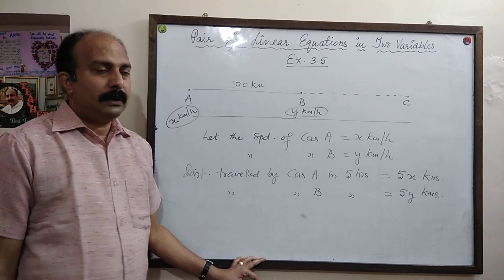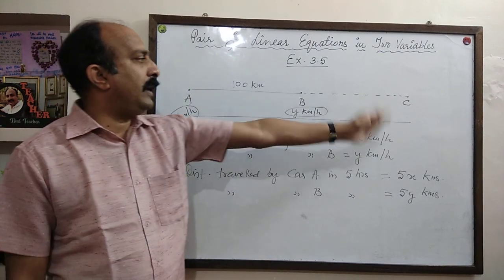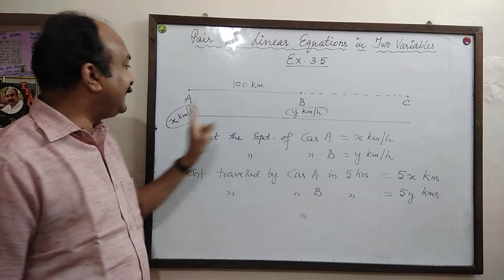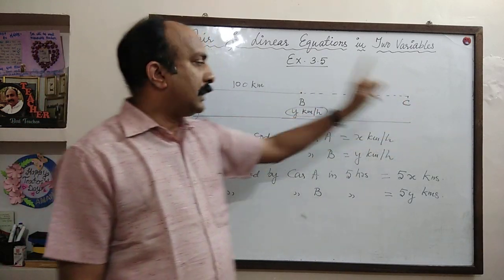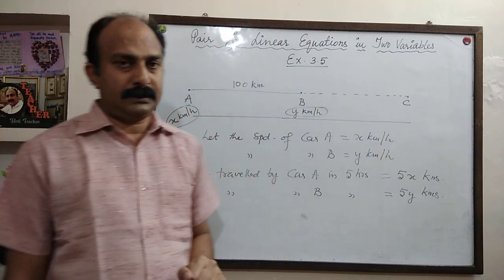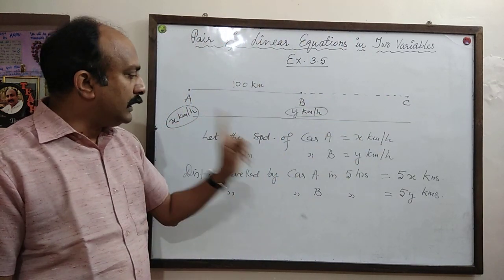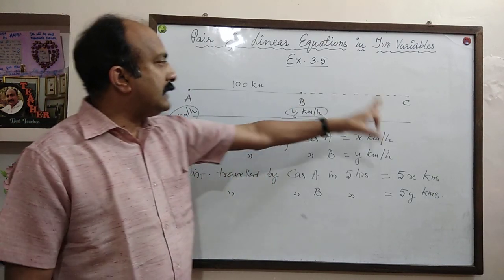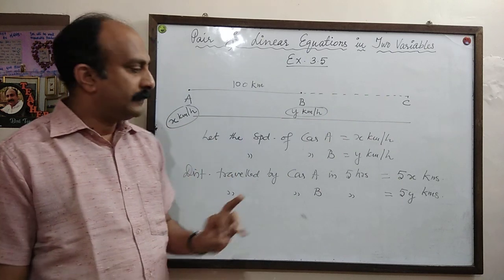Now let us see what is the relation between this 5x and 5y. See, what is 5x? AC. Car A has started from A and reached C in 5 hours. So, total distance travelled by car A is 5x. That is, AC equal to 5x.